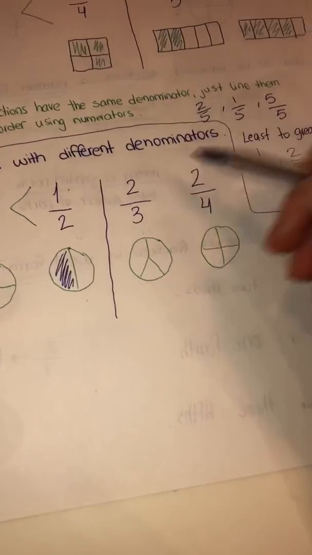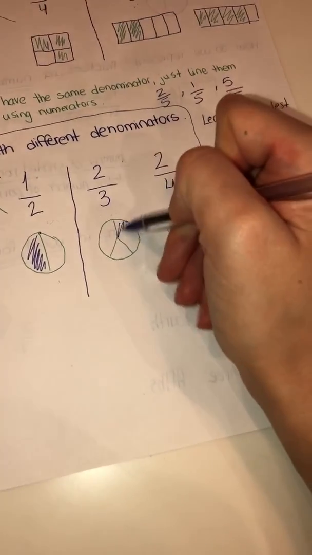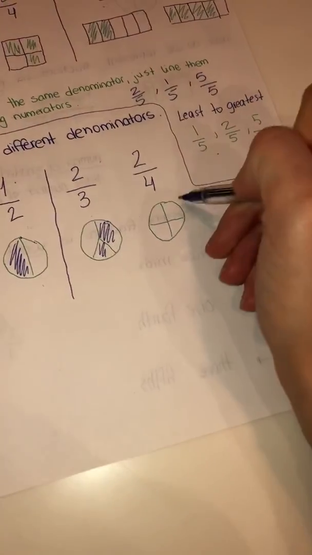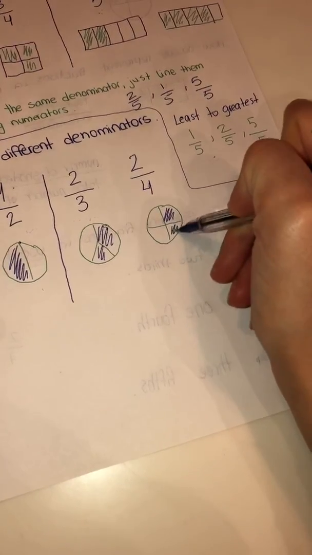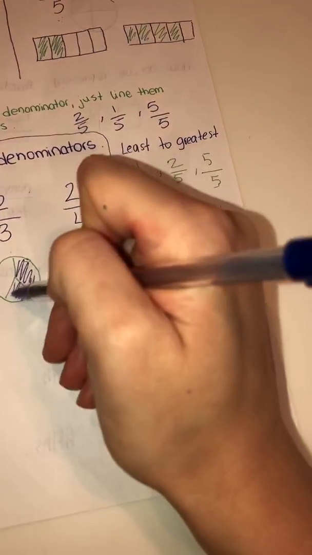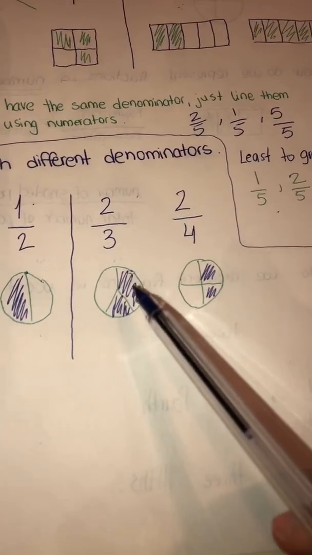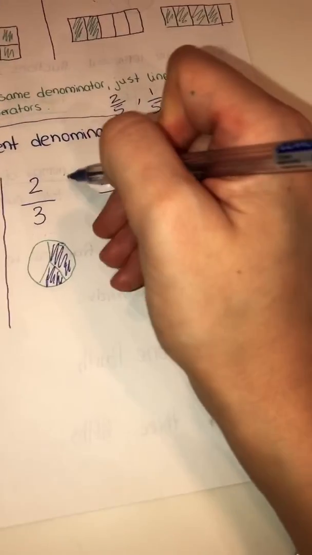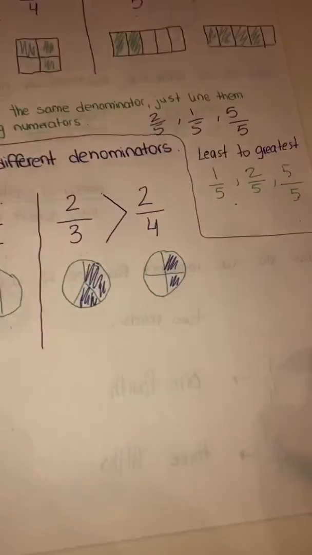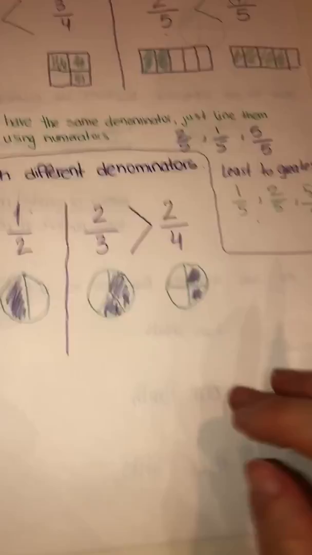In this case, I'm going to color 2 from the 3 and here I'm going to color 2 from the 4. Which do you think is bigger? Which has more shading? It's this. So this one is bigger. The crocodile eats the bigger number.